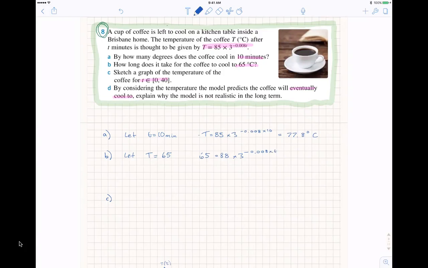And we can use our CAS to solve. And we find that that then happens at 30.5 minutes.